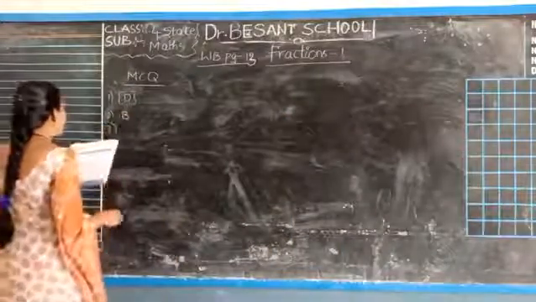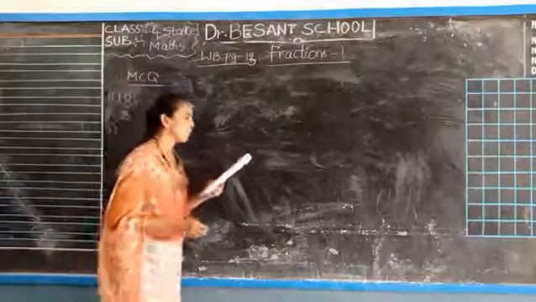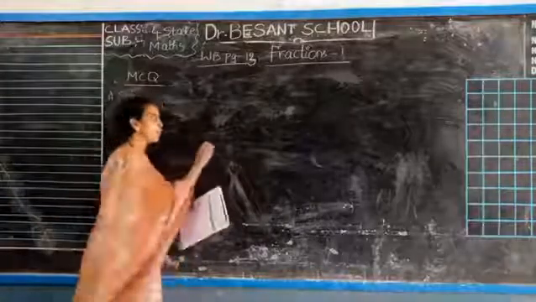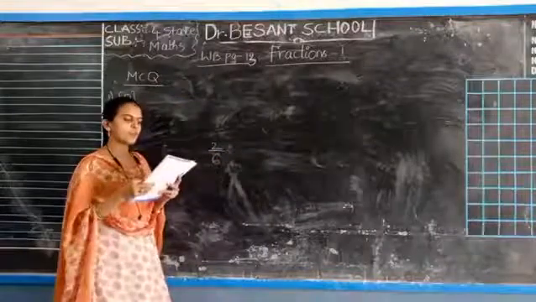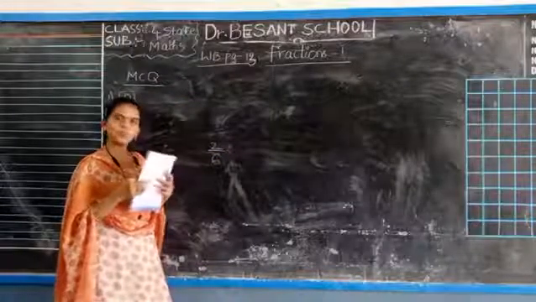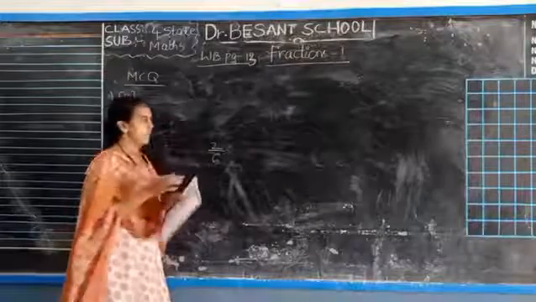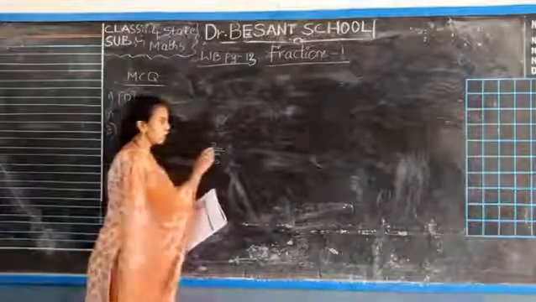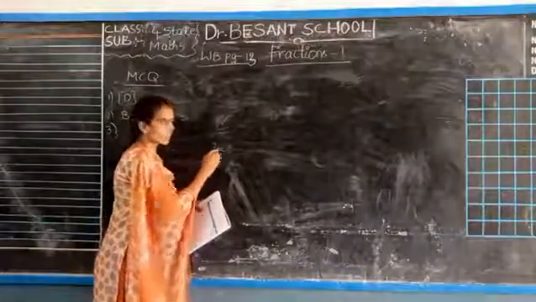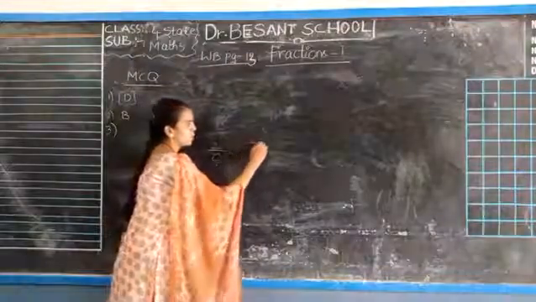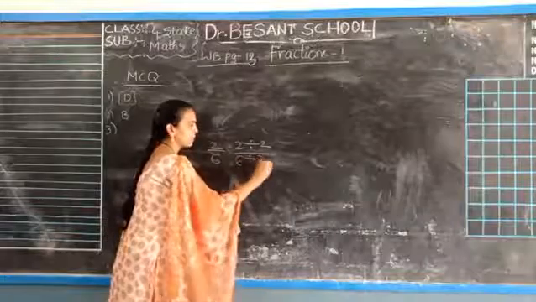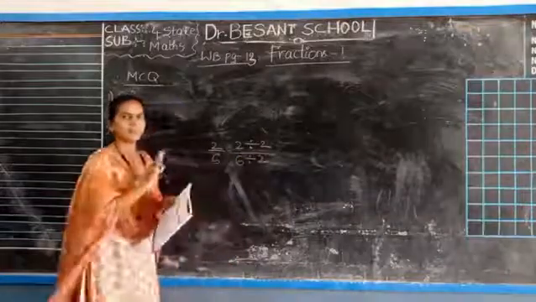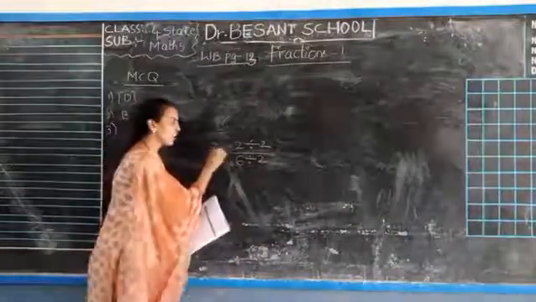Third one, fraction equal to 2 by 6 is. So an equivalent fraction for 2 by 6. Observe the options. Divide both the numbers with 2. When I divide the numerator and denominator with the same number, there won't be a change, so that we will get the equivalent fraction.